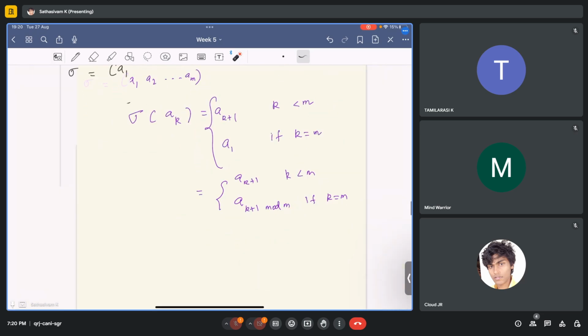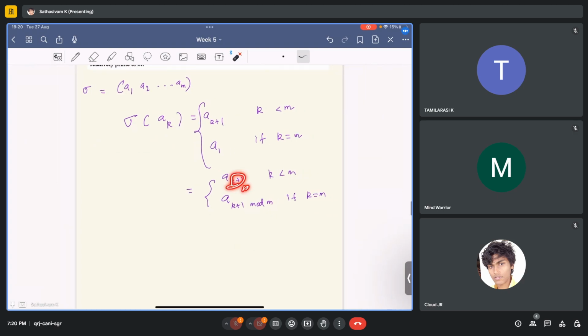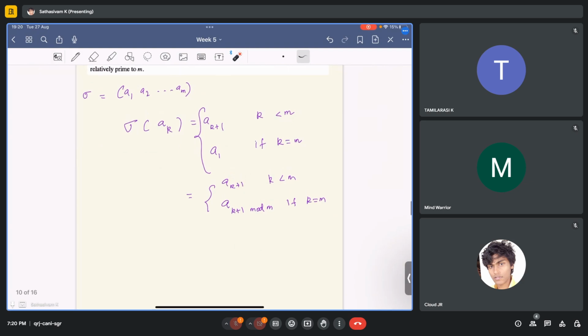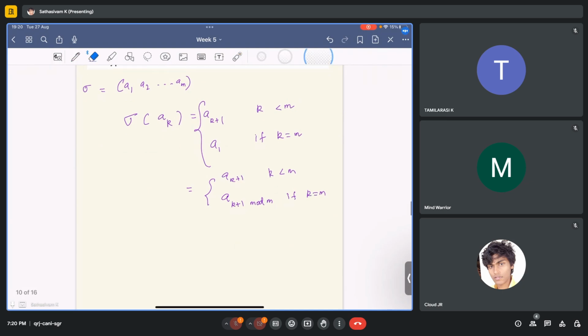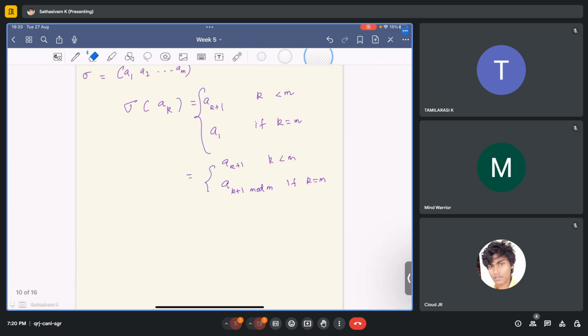Now, if you look, k plus 1 in this case is less than or equal to m, right? So I can just write it as the above also: a((k+1) mod m). In both cases, I can just write it like this.